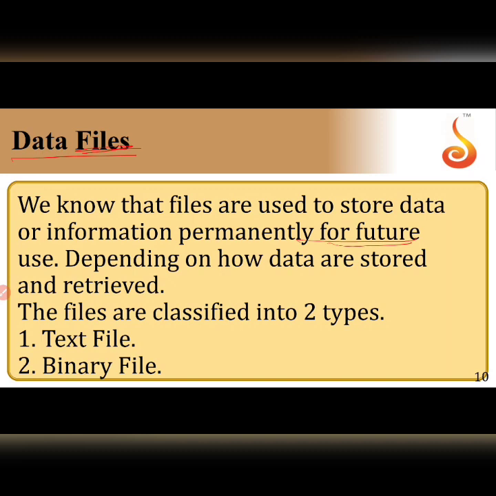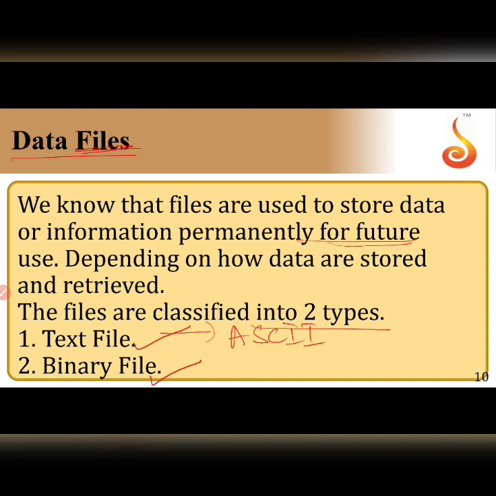Depending on how the data is stored, the files are classified into two types, text file and binary file. A text file stores information in ASCII characters.